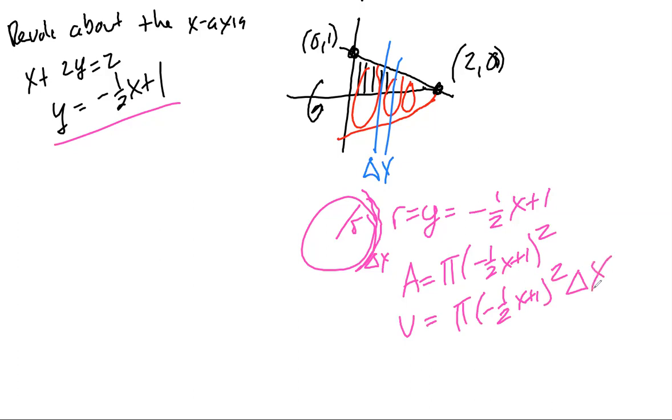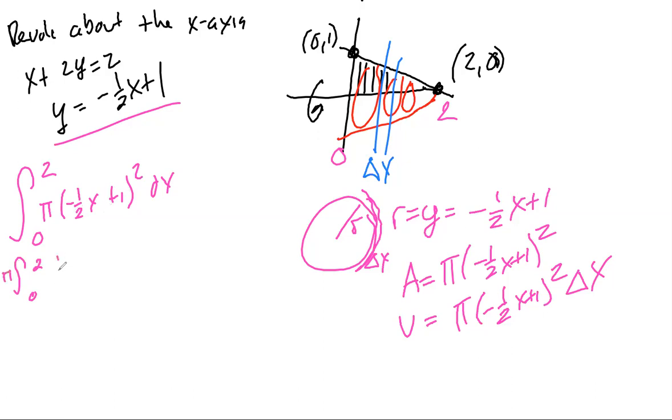Now in the limits, when we do this, we're going to take the integral from x equals 0 to x equals 2. So 0 to 2 are this little area piece. So when we're doing this, we're going to have our pi. We have a negative 1/2 x plus 1 squared dx, 0 to 2. Pi comes through.